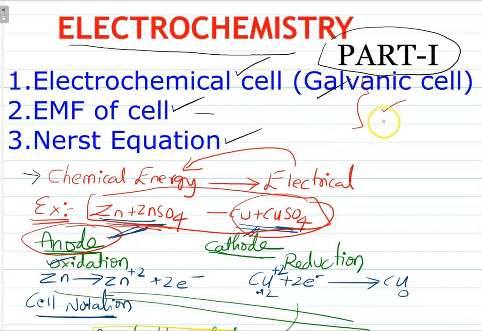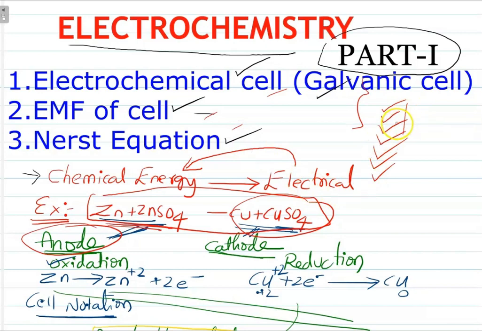Then I also covered E cell and E naught cell values, the Nernst equation, the equilibrium constant, the Gibbs free energy equation. Then we also covered Ksp, that is solubility product, and the pH problems. So I covered most of the questions that can be asked from these three topics. The values may differ, the metals may differ, but the concept will be the same.